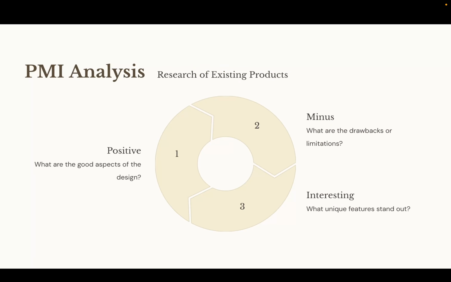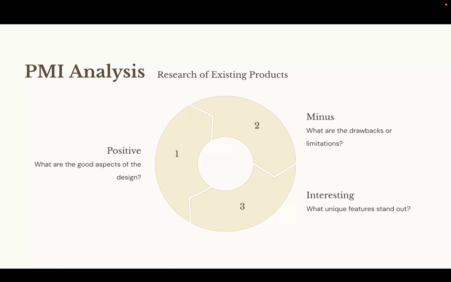PMI analysis, and this is about the research of existing products. P stands for positive, M stands for minus, and I stands for interesting. Once you have gathered research, we need to analyze it. One useful tool is this PMI analysis.